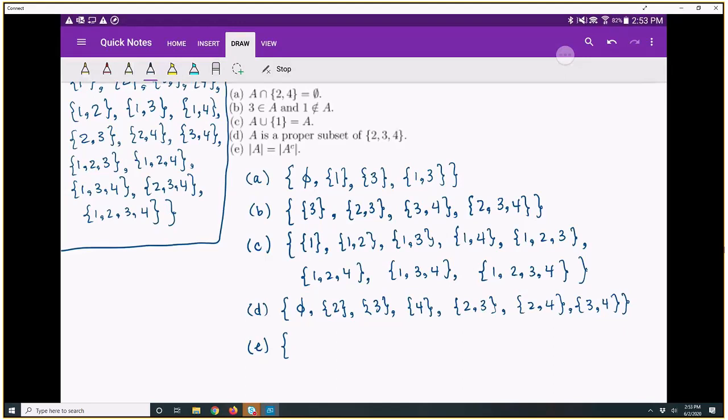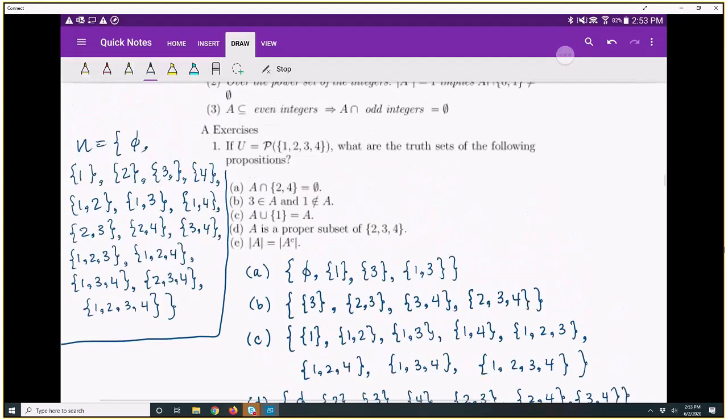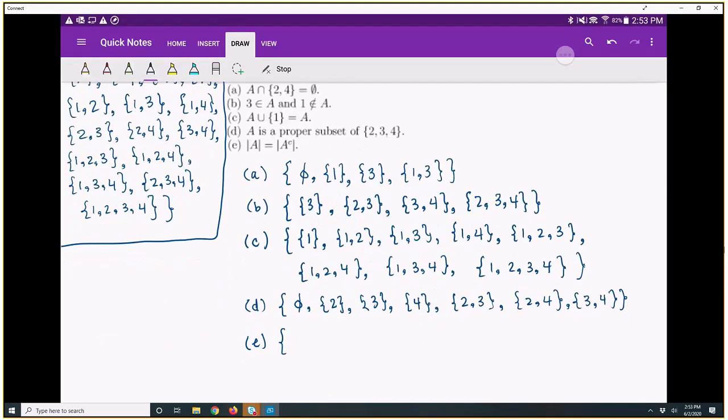Well, we know that the universe is the power set of the set {1, 2, 3, 4}. So if we're talking about a subset of {1, 2, 3, 4} that has the same cardinality as its complement, that should be a set that has cardinality 2. Since the cardinality of {1, 2, 3, 4} is 4, if the cardinality of our set is 2, then the cardinality of its complement should also be 2.